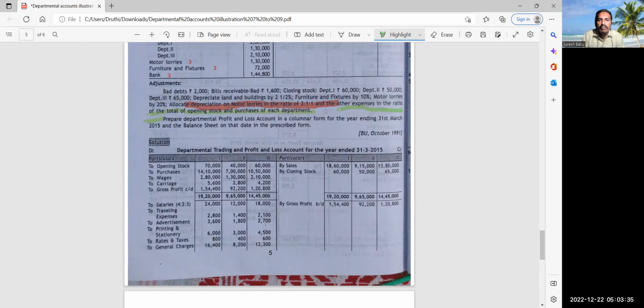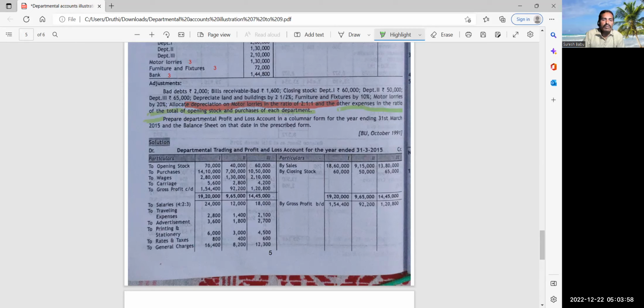Depreciation is to be apportioned on motor lorries in 2:1:1 for the three departments, correct? But all other expenses have to be apportioned in the ratio of what? Total of opening stock and purchases of each department. That we need to calculate separately in the notes.